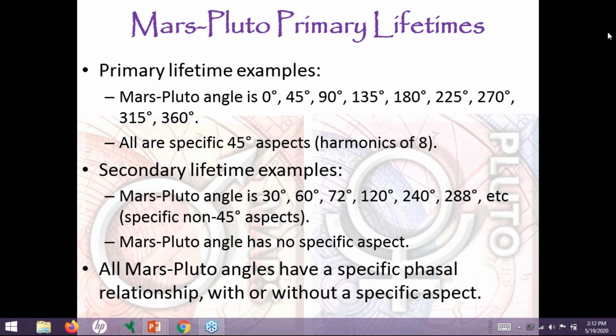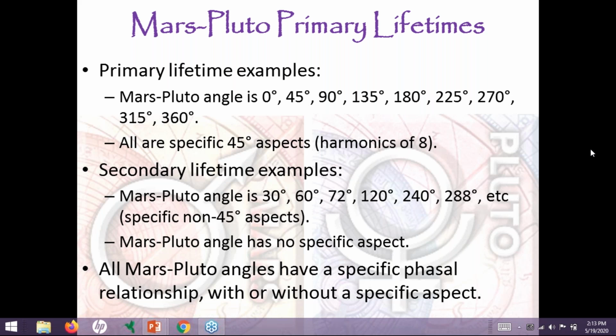And again, with this, then we would include, say, for example, the 45-degree aspect. We could include 43, 44 degrees. We could include 46, 47, 48. That would fall within that narrow window of primary aspect, primary lifetime. The secondary lifetimes you also see on your screen. The Mars-Pluto angle can be 30, 60, 122.